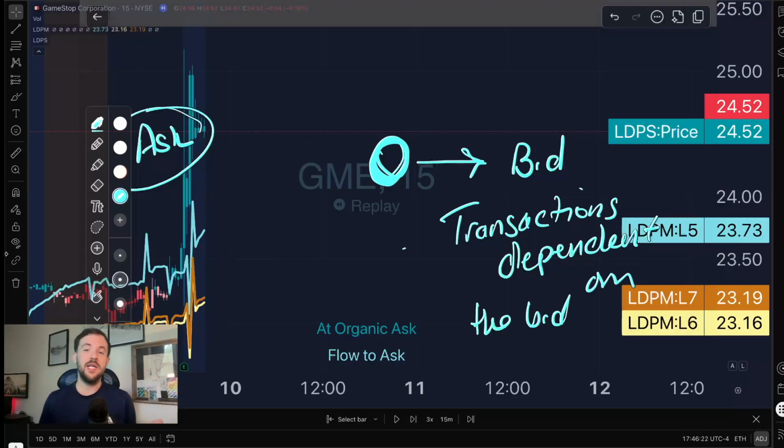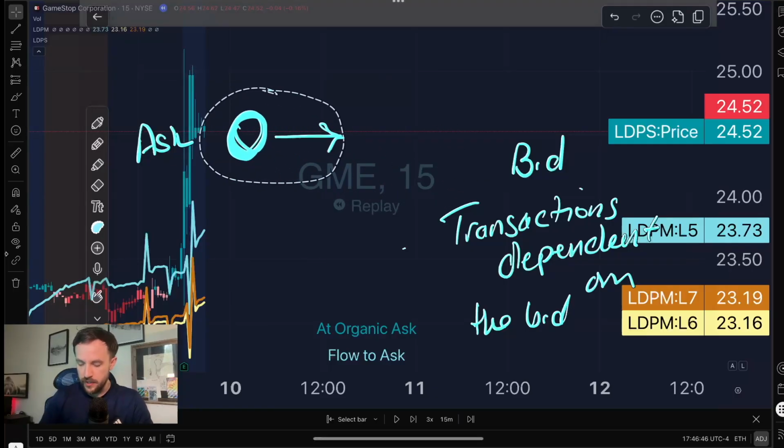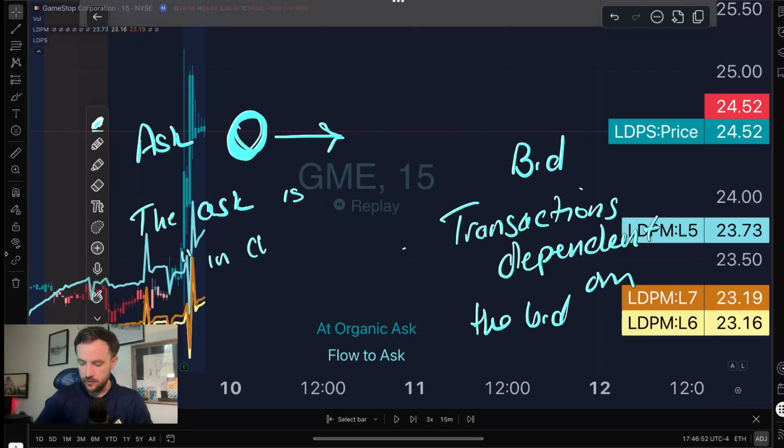So in other words, when we see that liquidity is moving to the bid, it tells us that the bid is in control. It's the actor in the market that's currently deciding if trading can happen. And conversely, if we see liquidity moving here, then we know that the ask is in charge.